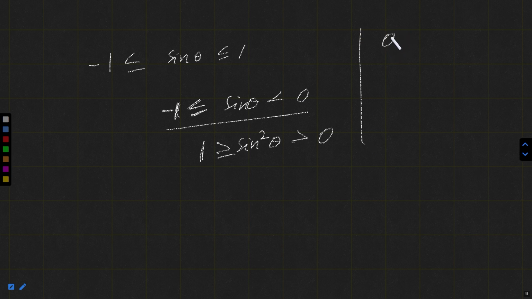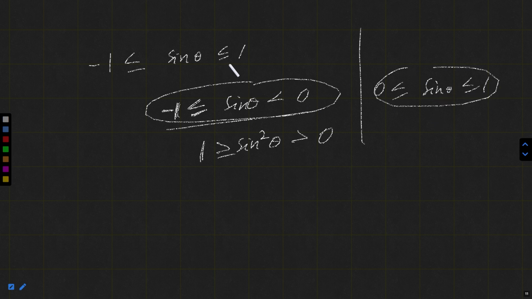Now what else? Take another case. So this means sine theta is between 0 and 1. So one case is this, another case is this. This thing is broken into two pieces, one negative, one positive. Now if you square it, it is already positive. The maximum value is 1. So if you square any number from 0 to 1, the square will also be in this interval.